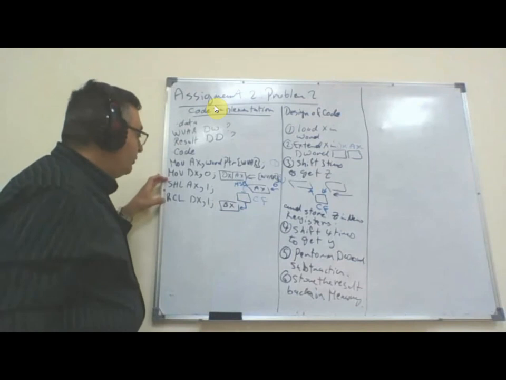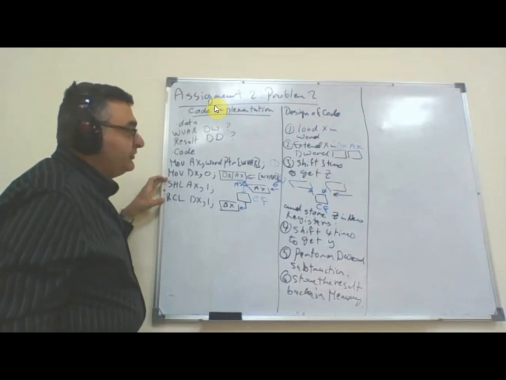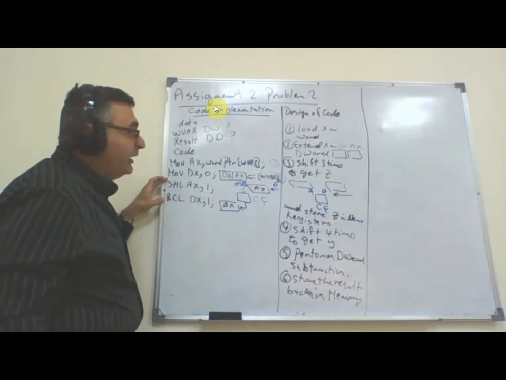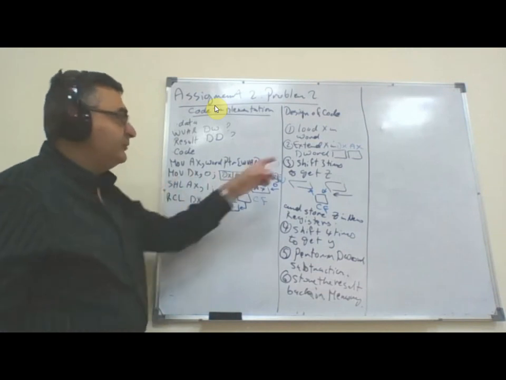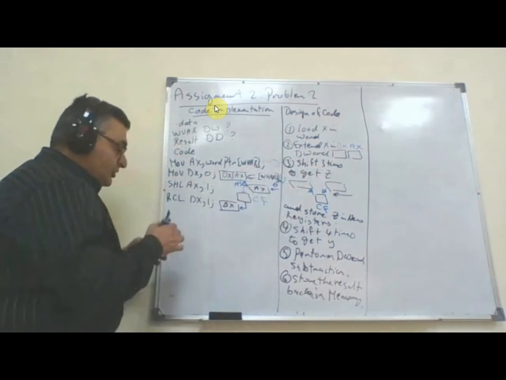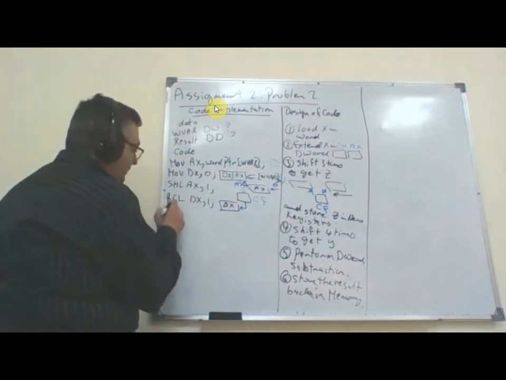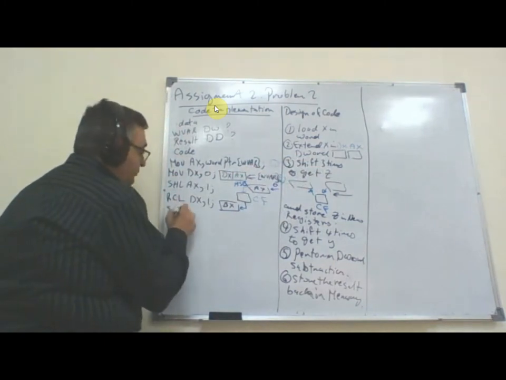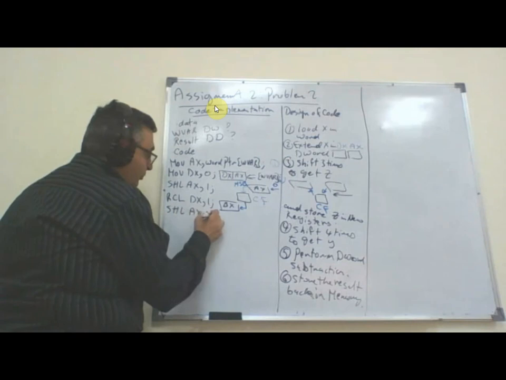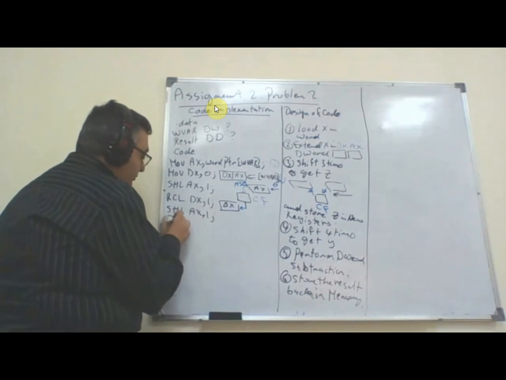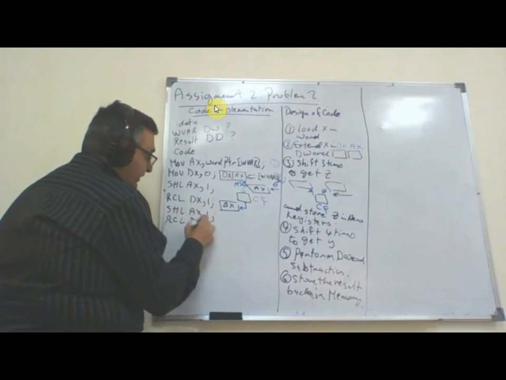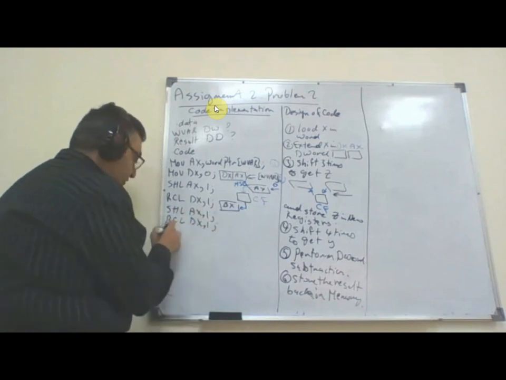So these two operations will be shifting, or multiplying the number by 2. I have to repeat this 3 times. So these instructions will be repeated 3 times. Shifting to the left AX1, rotate with carry to the left DX1.